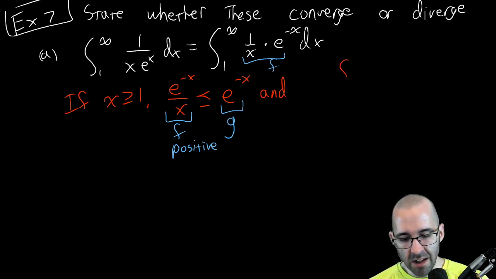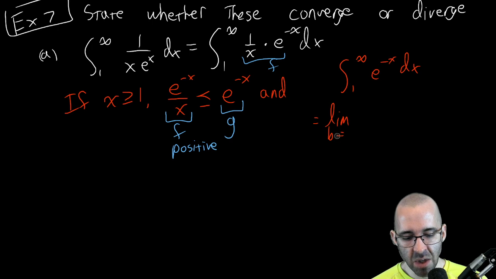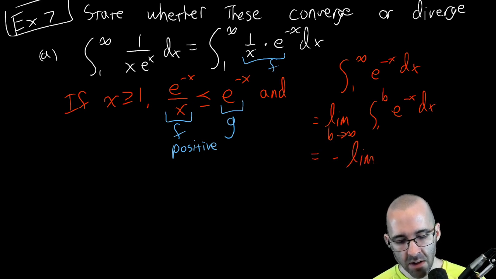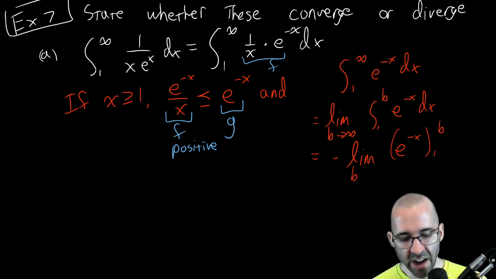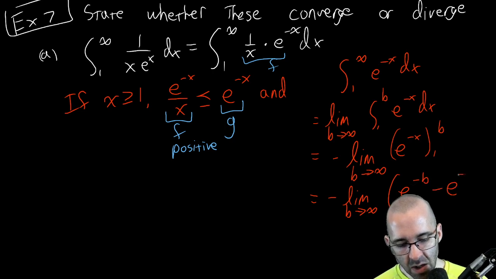Okay, so let's look at the integral from 1 to infinity of e to the negative x dx. We can do that pretty quickly. That's the limit as b goes to infinity of the integral from 1 to b. The antiderivative is negative e to the negative x. We can factor the negative out in front. So that'll be negative limit as b goes to infinity of e to the negative b minus e to the negative 1.